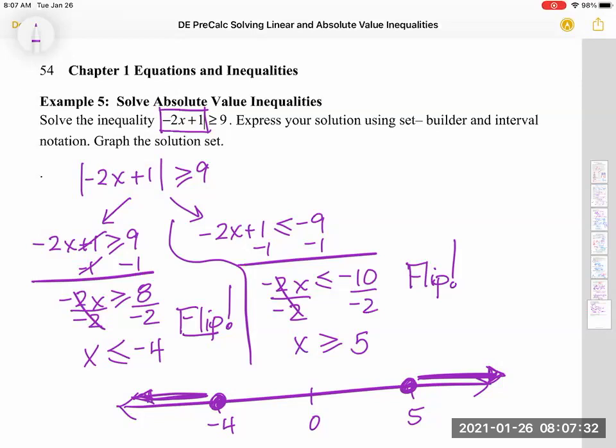Set builder notation will be x such that, and this is the kind where you write two separate ones. So x is less than or equal to negative 4, or x is greater than or equal to 5.